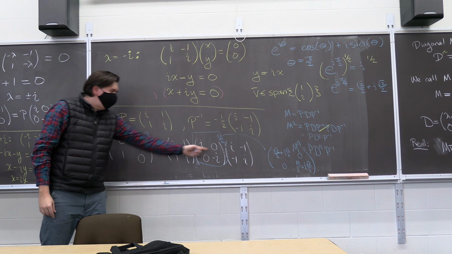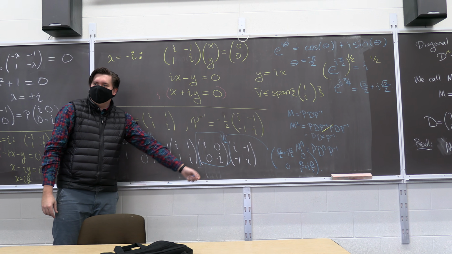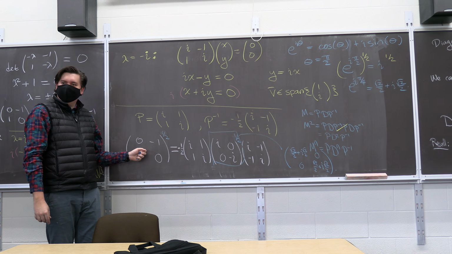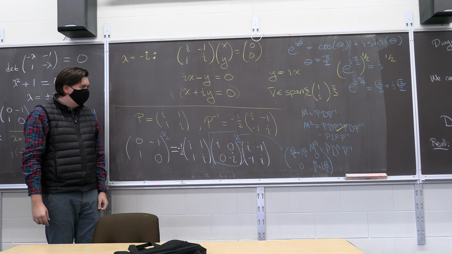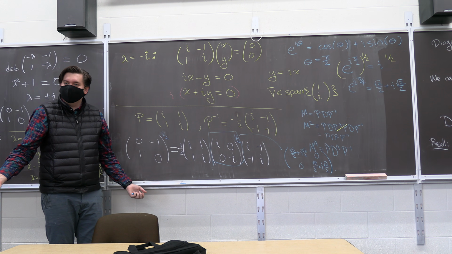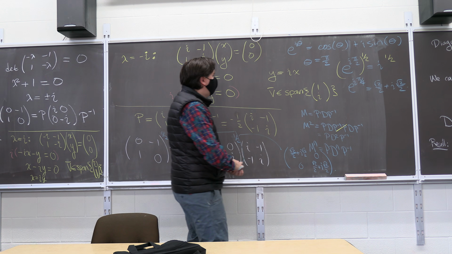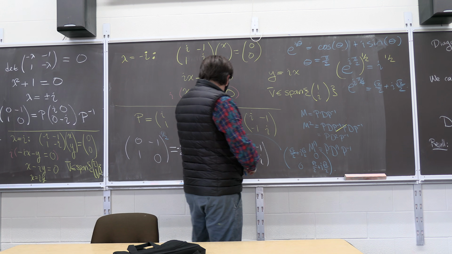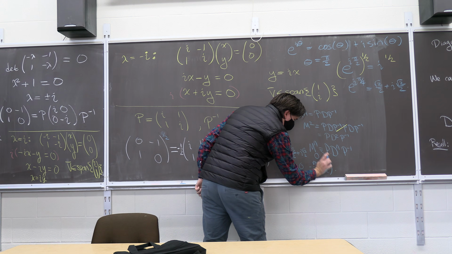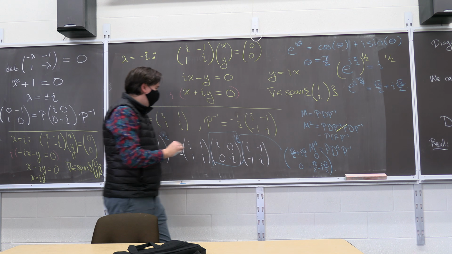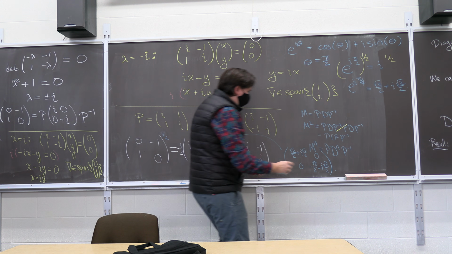So you just need to multiply this out to figure out what this to the 1/2 power is. You can do that. The bottom right entry is negative I. And the diagonal. Oh, negative I. Good. So these are both negatives. Great. Thank you. Oh, no, it's negative to the 1/2.